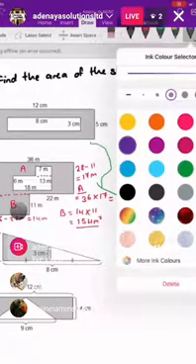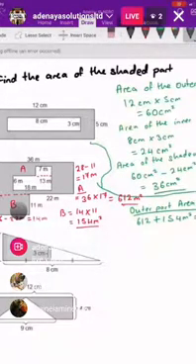I'll use a different color. The other side is 6 meters and 13 meters. So 13 minus 6 will give you 7 meters. Yeah. So you have 7 meters by 7 meters.